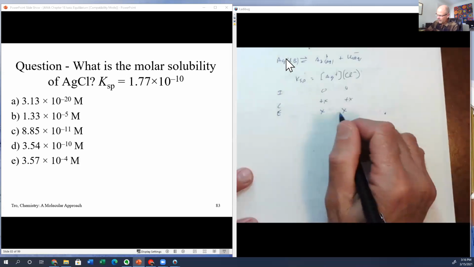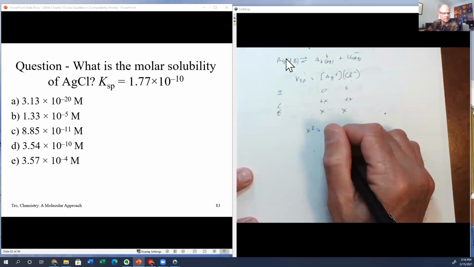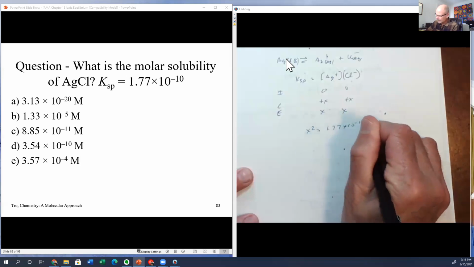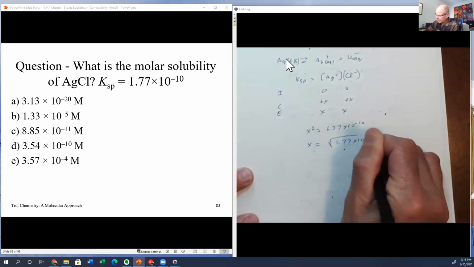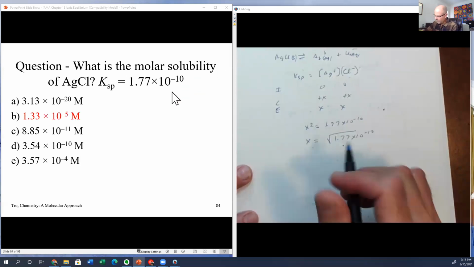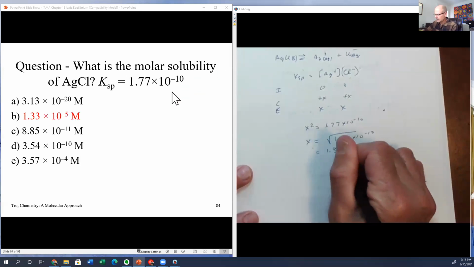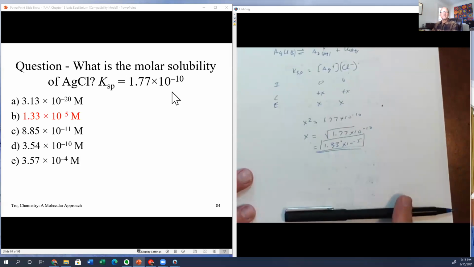So x squared is equal to KSP. KSP is 1.77 times 10 to the minus 10. So x is equal to the square root of 1.77 times 10 to the minus 10, and that's equal to 1.33 times 10 to the minus 5.